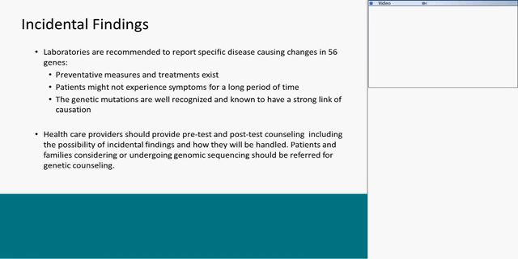What the American College of Medical Genetics is recommending is that physicians should be able to provide pre- and post-test counseling for this incidental finding, they should be able to interpret it, and they should refer the patients for genetic counseling.